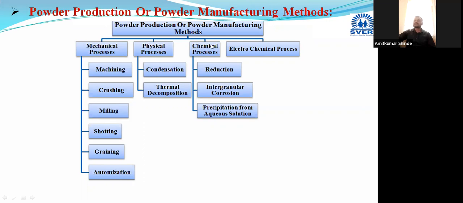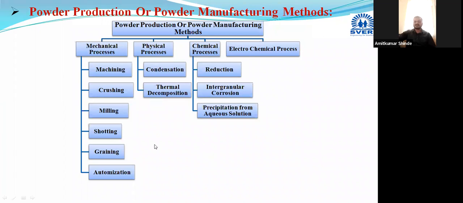Chemical processes are classified into three types depending on the method used: the reduction processes, then the intergranular corrosion process, and precipitation from aqueous solution. And in the electrochemical process, only one method is there, that is electrodeposition.